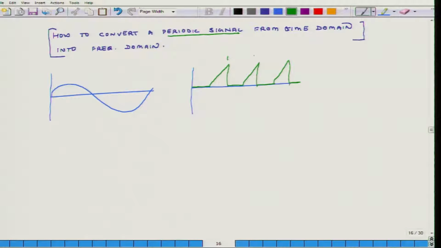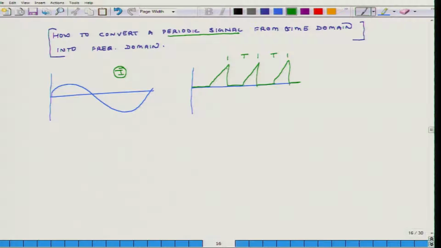This signal repeats itself after every T seconds. The nature of the signal is identical after every T seconds. This is another periodic signal. This is signal type 1, which is purely harmonic.